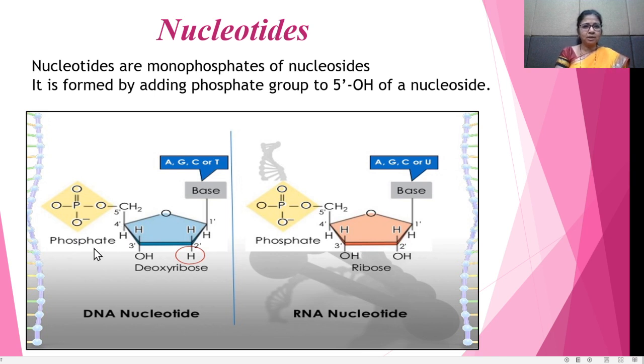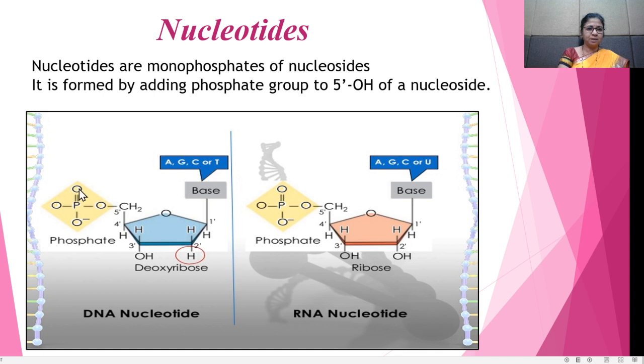The nucleotides are formed by adding the phosphate group to the 5-OH of the nucleosides. See here, this sugar has the numbering 1, 2, 3, 4 and 5.